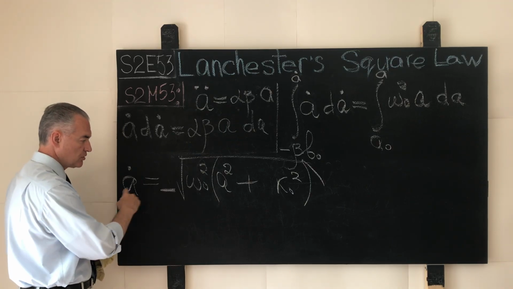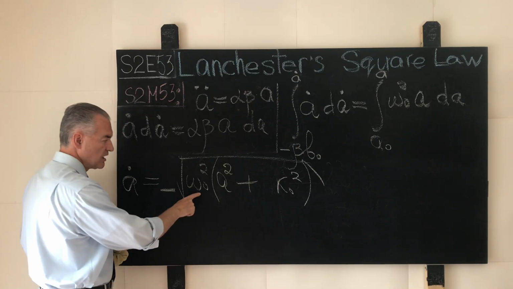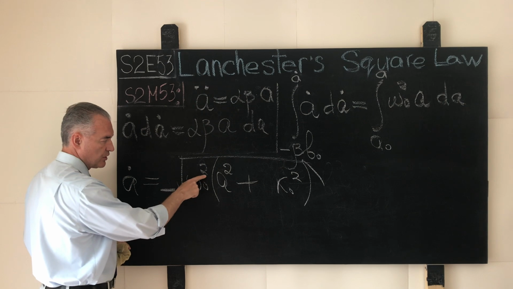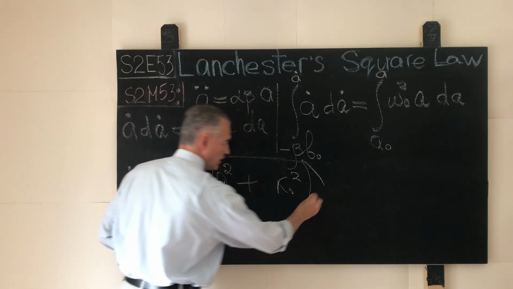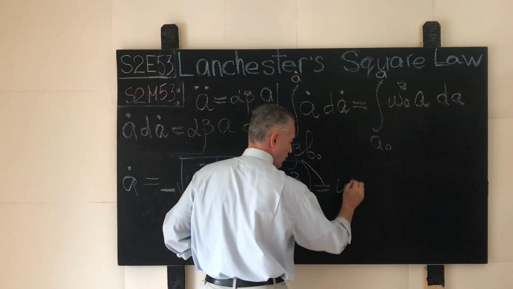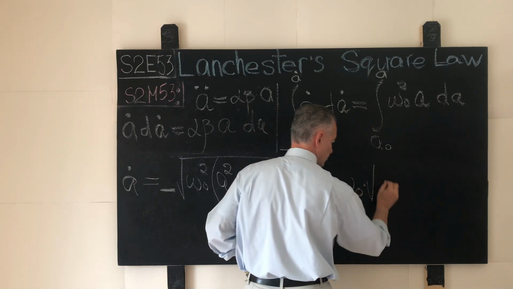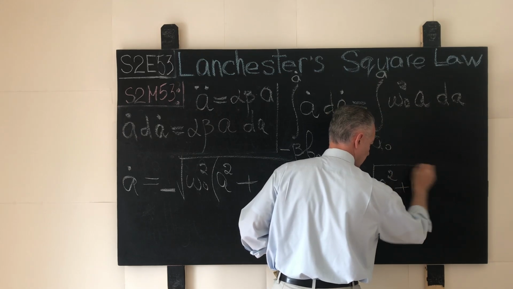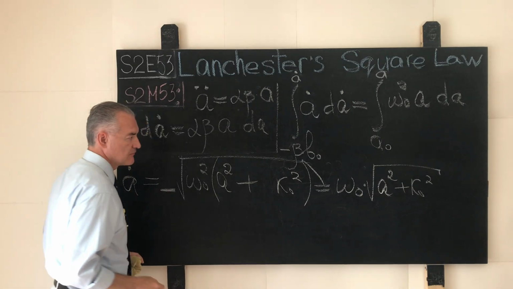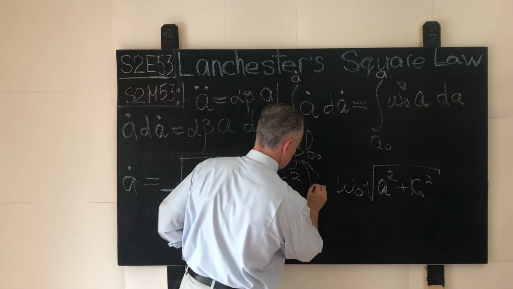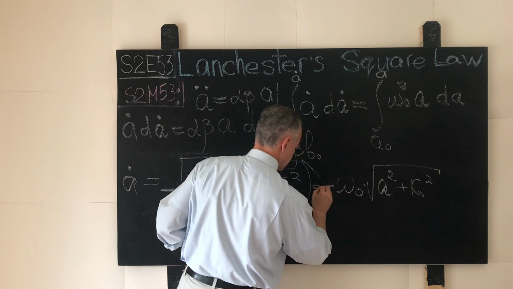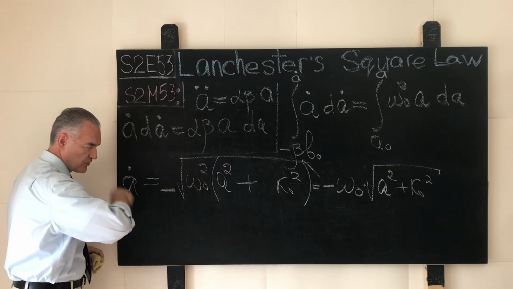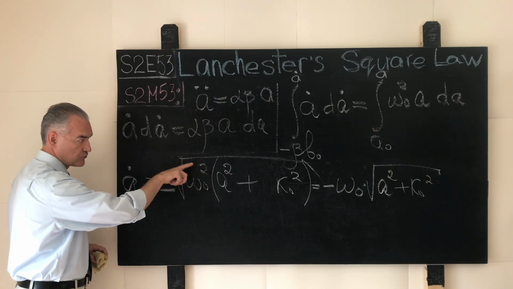And now, we separate the variables. If we factor out omega_0 squared from the square root, we can carry it out. It will be omega_0 times the square root of a squared plus k0 squared, and of course with the minus sign. It has to be the minus sign. We simply move omega_0 out from underneath the square root.